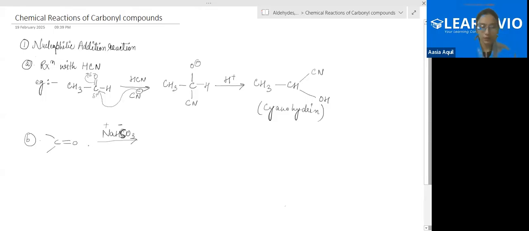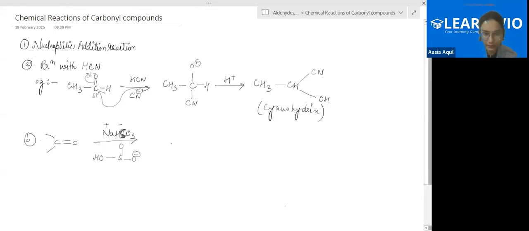So this will act as a nucleophile. What will be the nucleophile here? HSO3 minus will be the nucleophile. At this site there is a negative charge, and it will attack that carbon from the sulfur side, not from the hydrogen one.